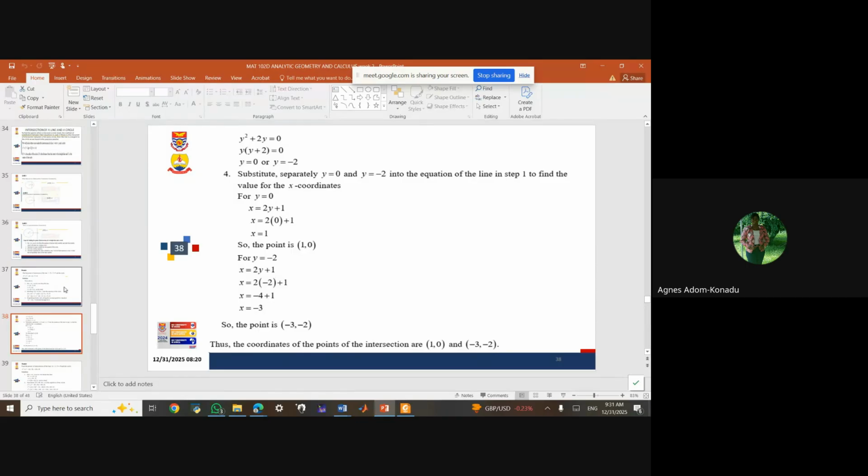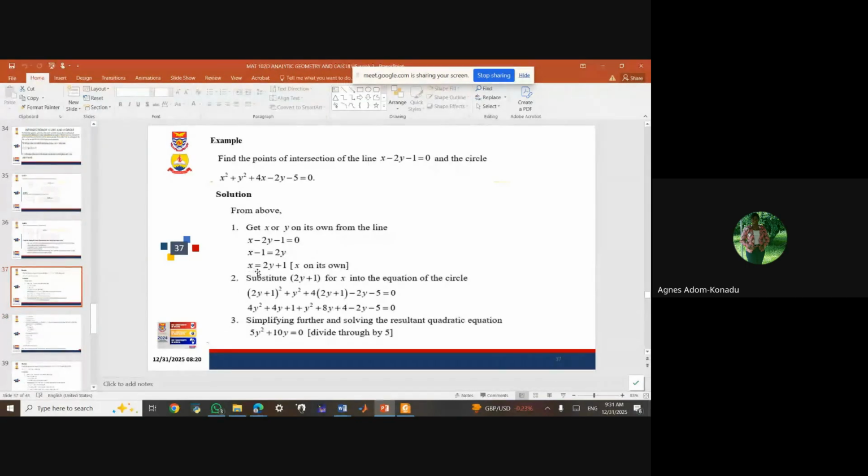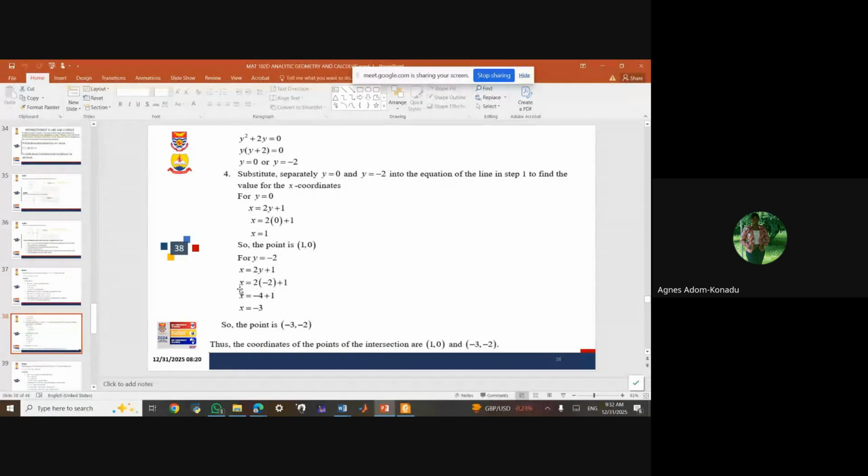So when I substitute y equal to -2, I have x equal to 2 times -2 plus 1, which is -4 plus 1, which is -3. So the points are (1, 0) and (-3, -2).